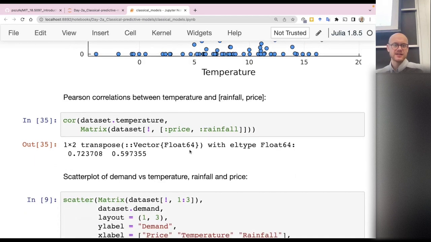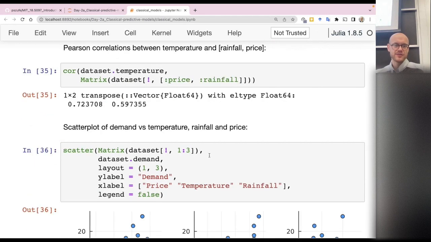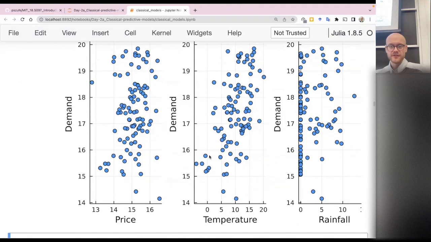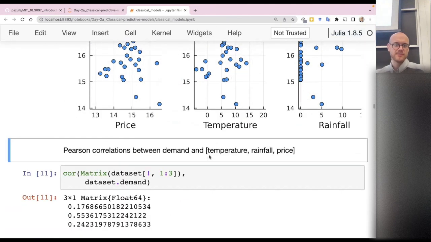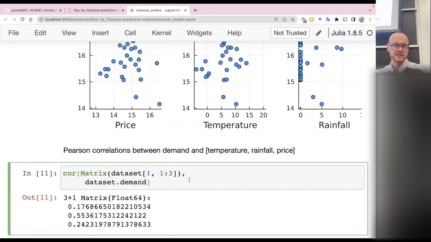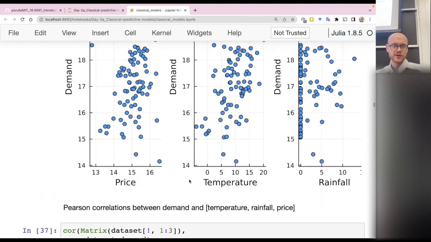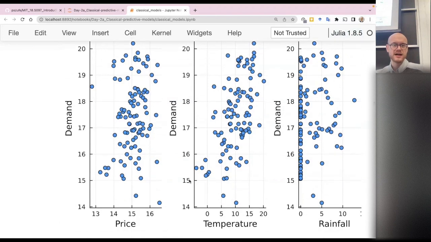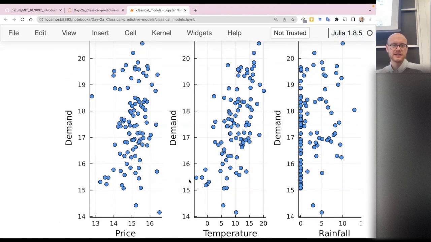The next set of scatter plots, three of them, show the three features: price, temperature, and rainfall impacting demand. Also at the bottom, we have the Pearson correlation similarly calculated. Starting with the first left-hand graph, we see the scatter plot of demand versus price.